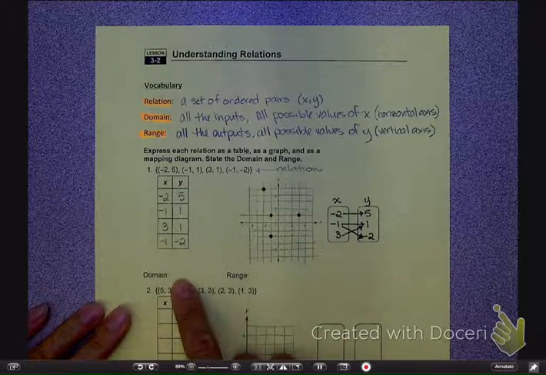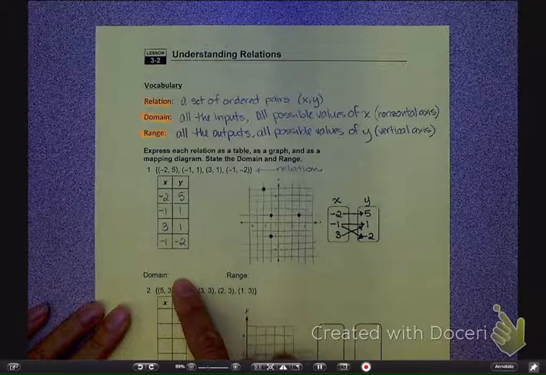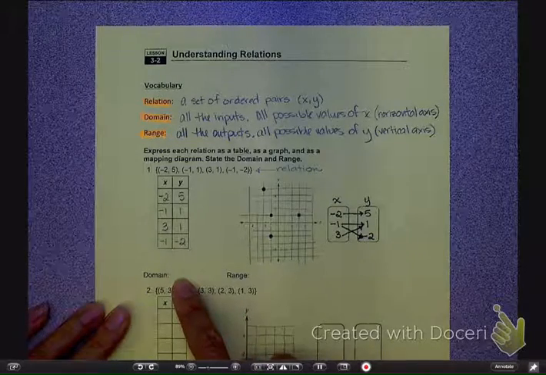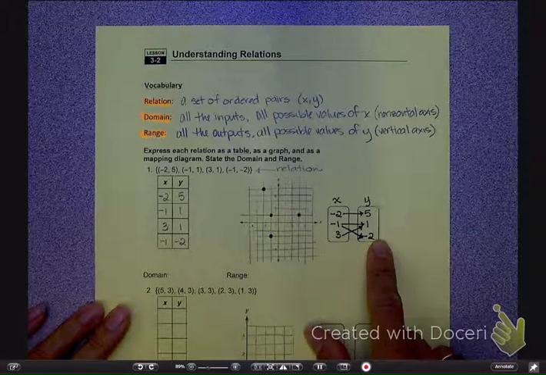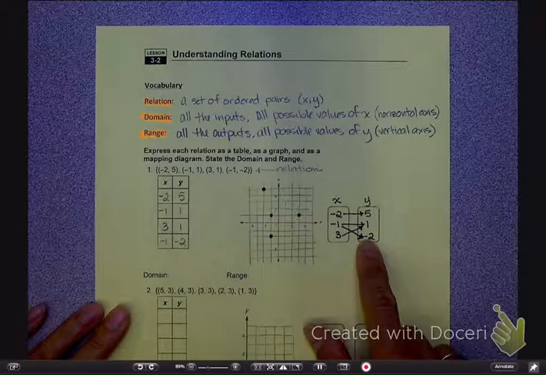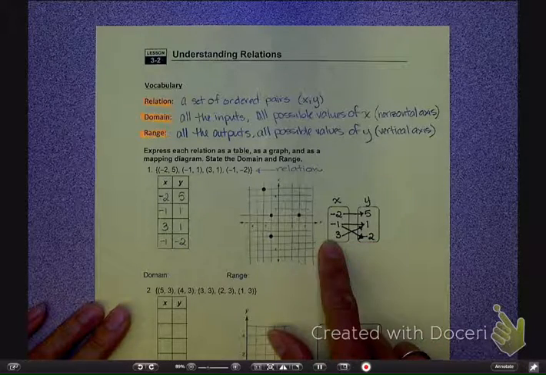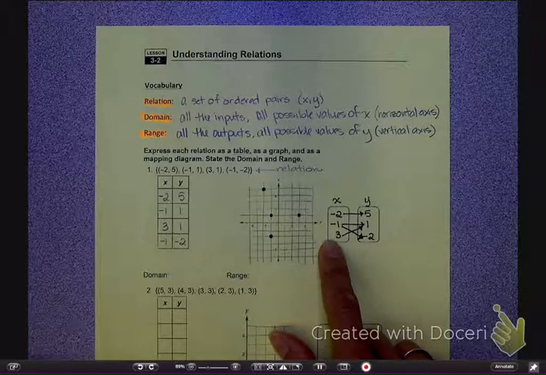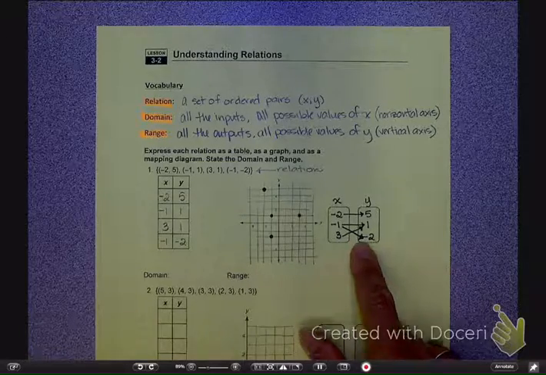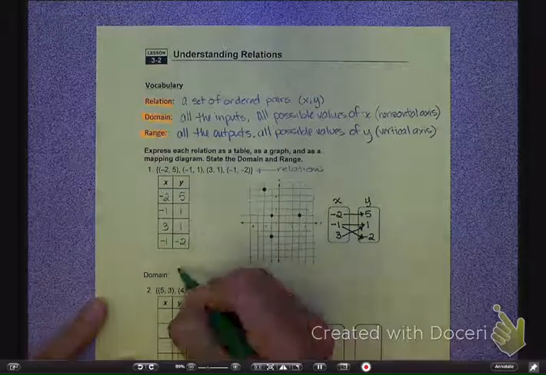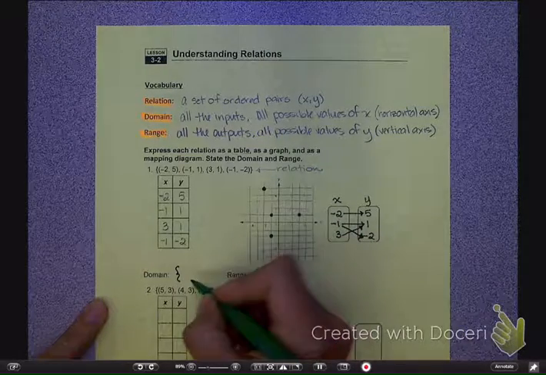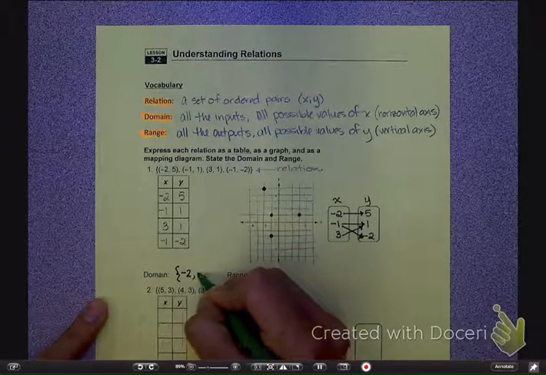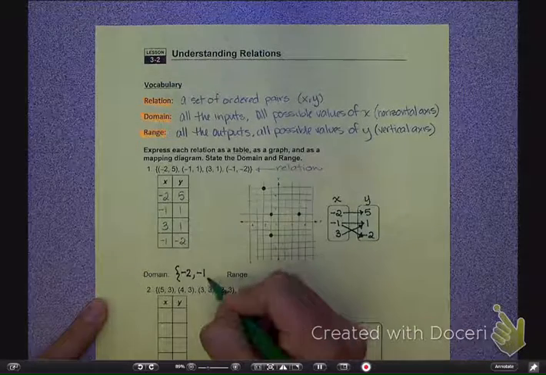The domain is all the inputs or all of the values for x. Okay, once we've done a mapping, we can see all of the inputs and all of the outputs. So it's really easy here to identify my domain and my range. My domain are all the individual values I have for x. My range is all the possible values I have for y. So the domain, since this is a discrete relation, I'm going to go ahead and just write -2, -1, 3.